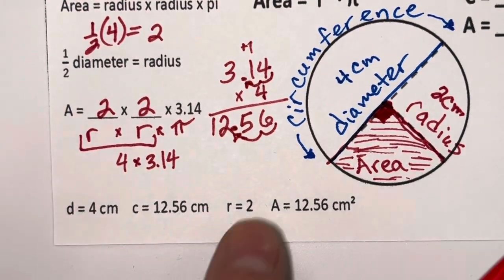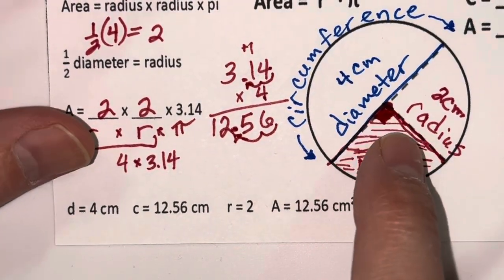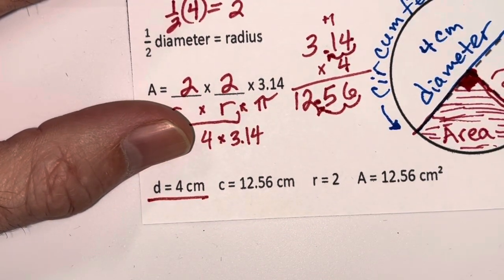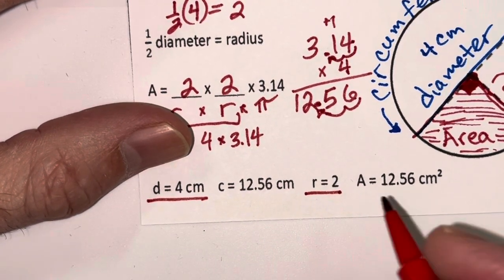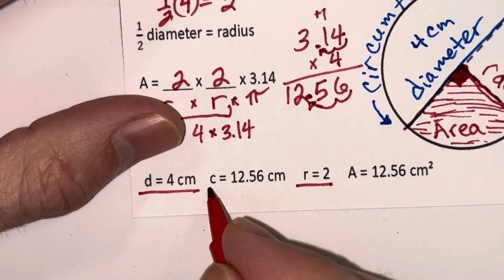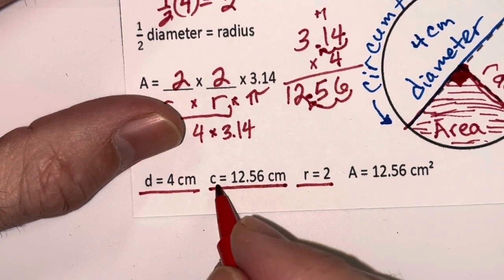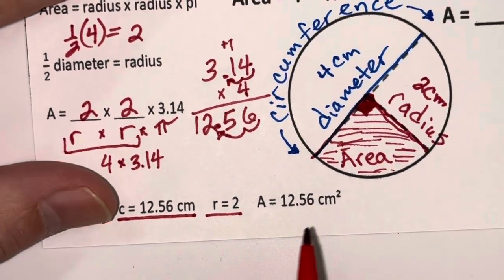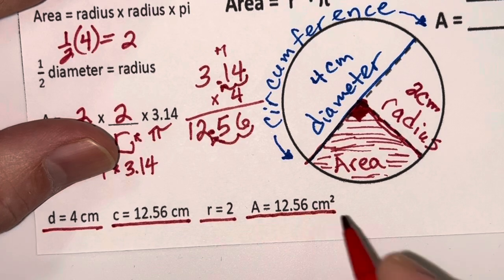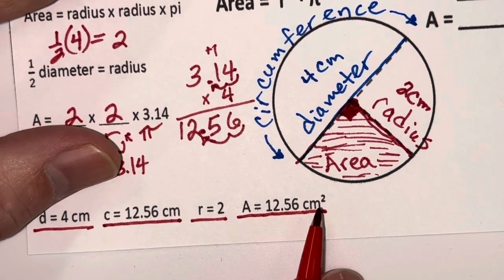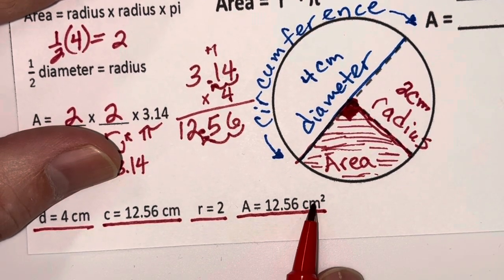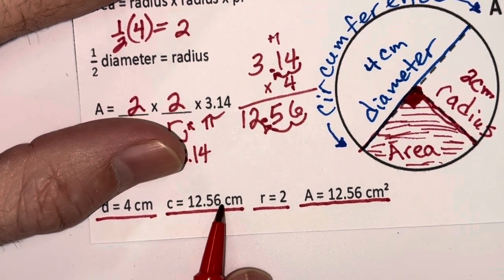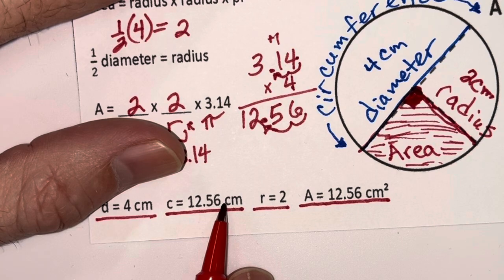So ironically, for this, the core of the toilet paper roll, the diameter is 4 centimeters, the radius is 2, and the distance measurement, the circumference is 12.56, and then coincidentally the area is also 12.56, but this is square units because we multiplied centimeters times centimeters. We did not multiply centimeters here. We just multiplied it by a factor.